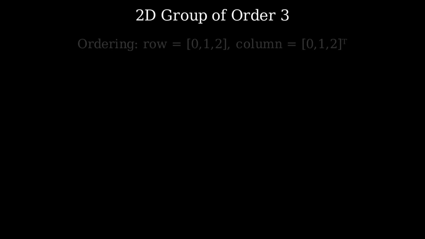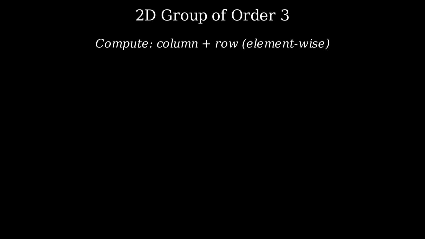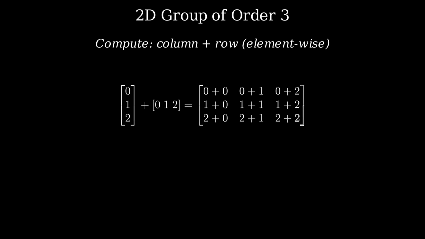2D group of order 3. We use the ordering row equals [0, 1, 2], column equals [0, 1, 2] transpose. Our row vector is [0, 1, 2]. Our column vector is [0, 1, 2], written vertically. To compute each cell, we use column plus row element-wise.